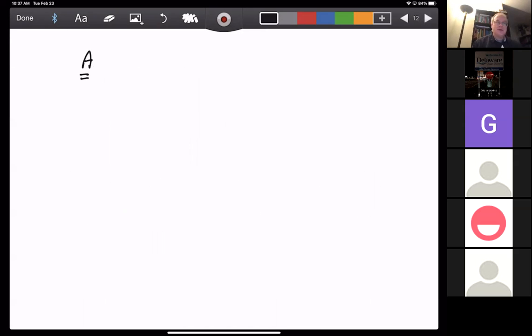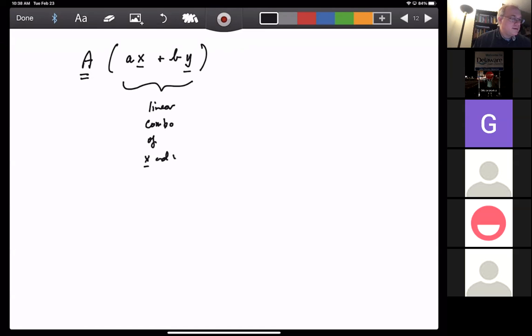Okay, and how does matrix multiplication interact with linear combinations of vectors? Well, here's a linear combination of the vectors x and y. I take scalar a times x plus another scalar b times y. And essentially, I can distribute that multiplication and I can move these scalar multipliers out in front of everything.